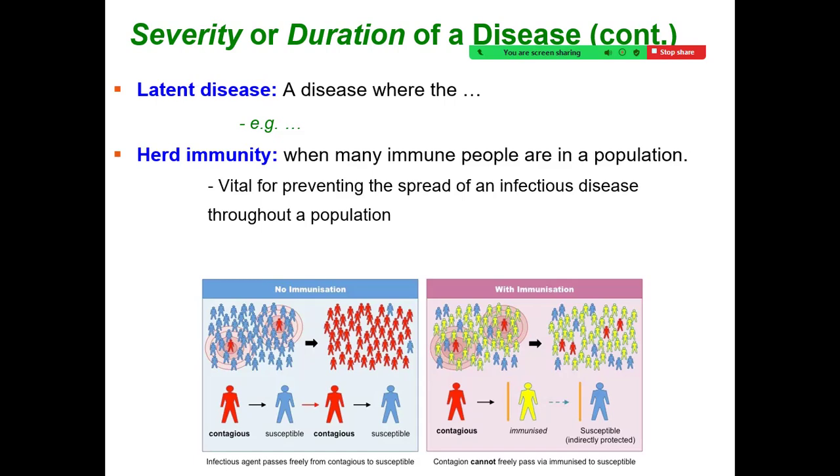Measles is another very highly contagious disease, and you need at least 90% of the children to be immune to protect those who are not immune. And the trouble is that parents say, oh, measles isn't much of a problem anymore, I'm not going to vaccinate my child.